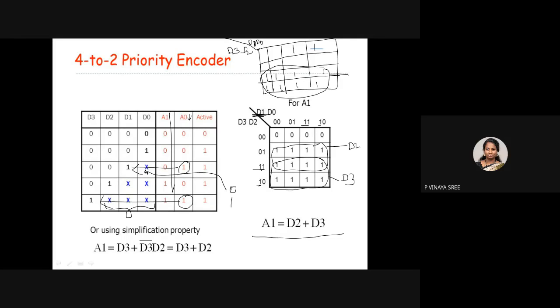What is the expression for this group? D3. Yes, this is D3. Next, how to group this?